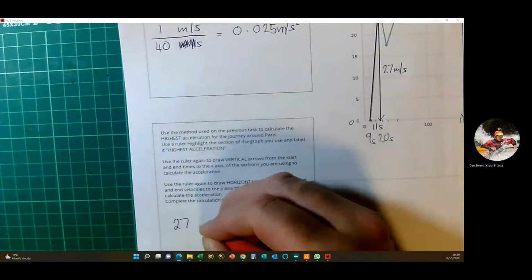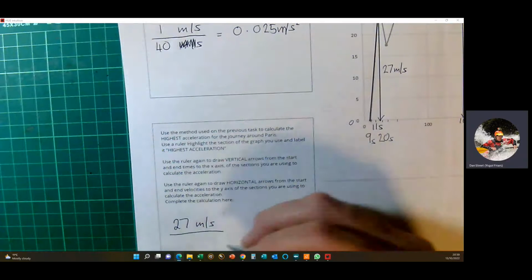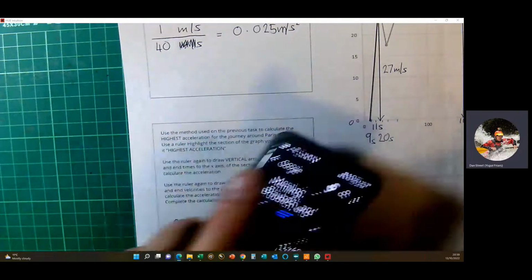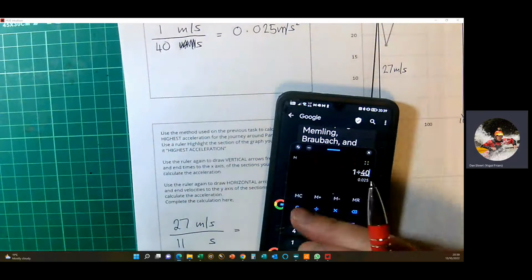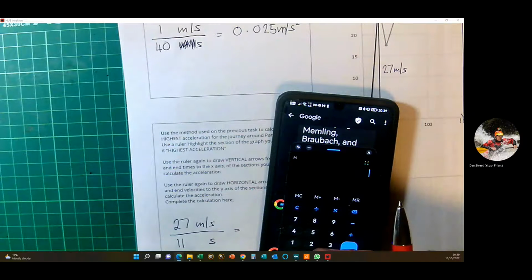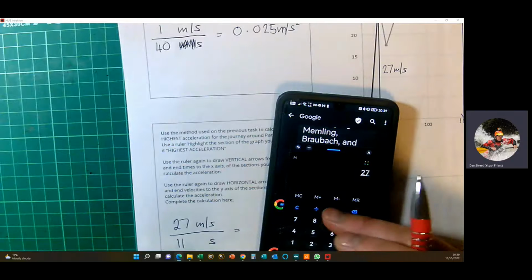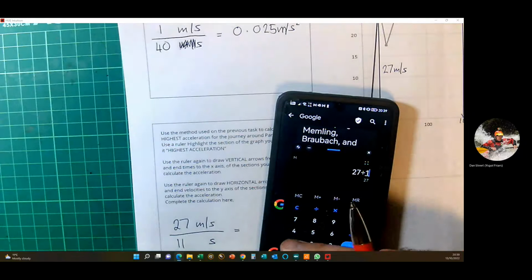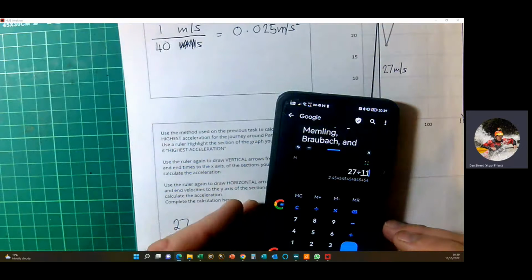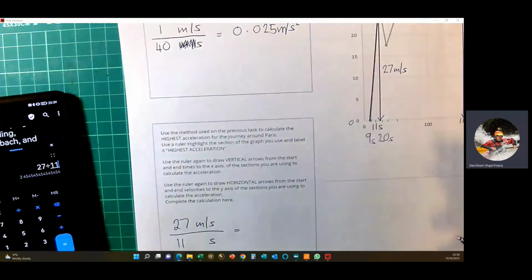Acceleration is change in velocity divided by the time over which that occurs. So the change in velocity is 27 meters per second, and the time over which that occurs in this particular case is 11 seconds. So 27 divided by 11 is 2.45.